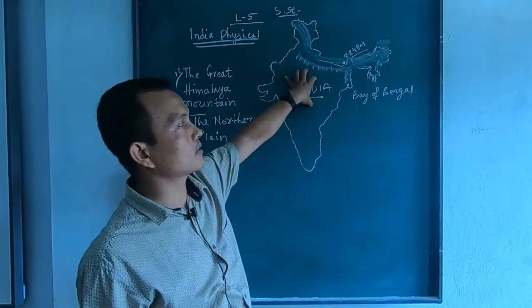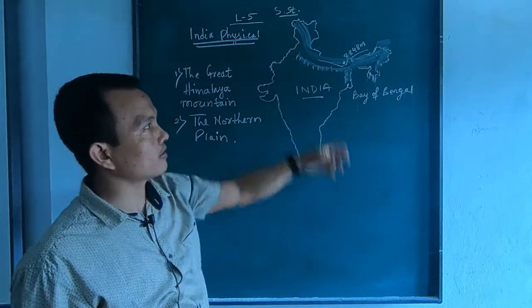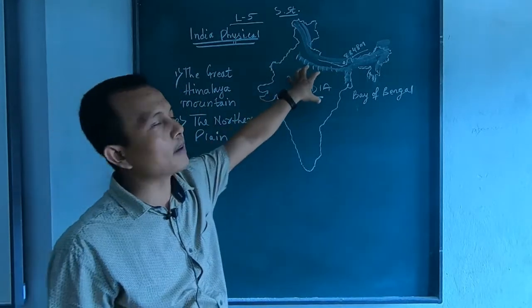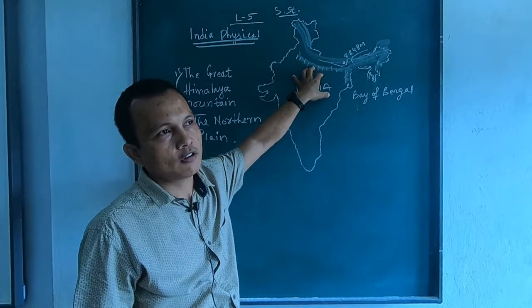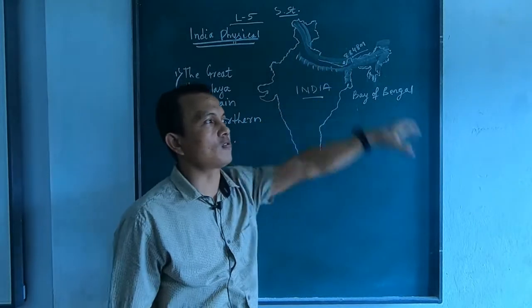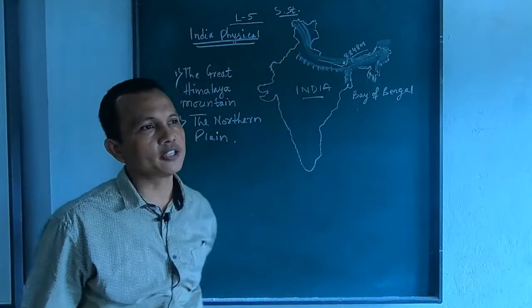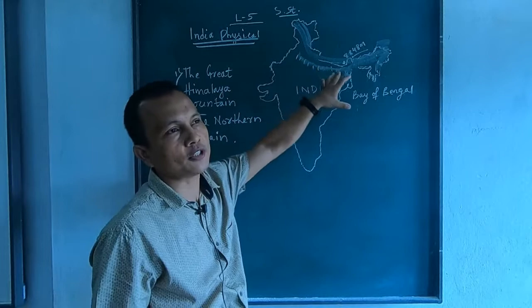All these things make the crops grow good in this zone. The main practice here is farming, agriculture, and most of the crops here are food grains. All right, and these are densely populated, and the climate is hot and humid.